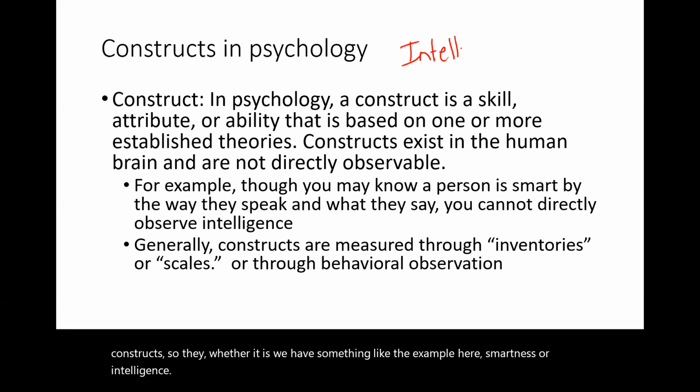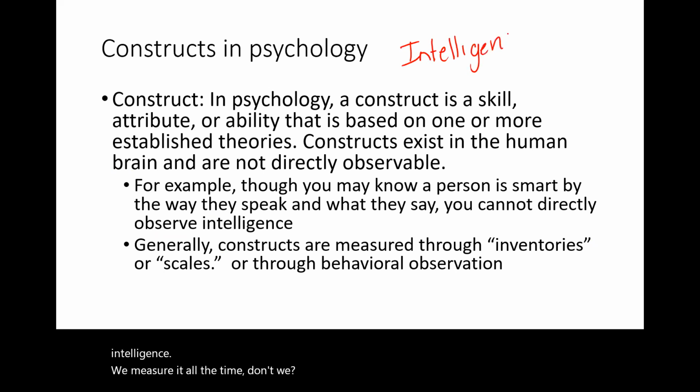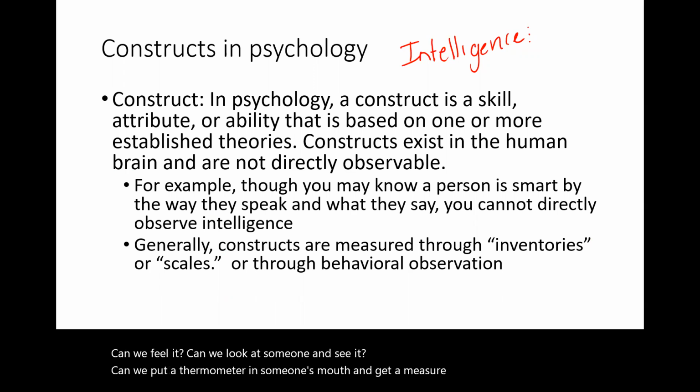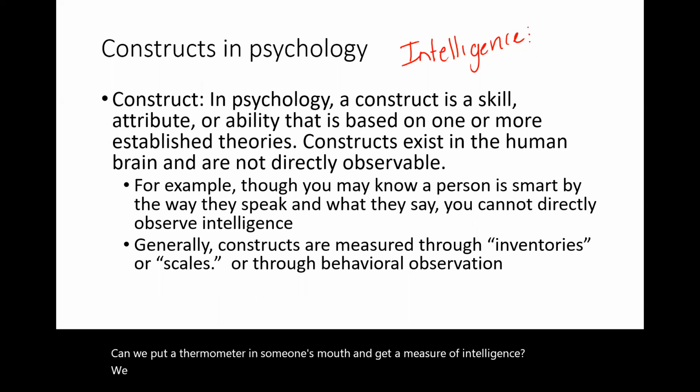We measure it all the time, don't we? Intelligence. We put numbers to it all the time, but what is it? Can we touch it? Can we feel it? Can we look at someone and see it? Can we put a thermometer in someone's mouth and get a measure of intelligence? We can't. It's a construct.